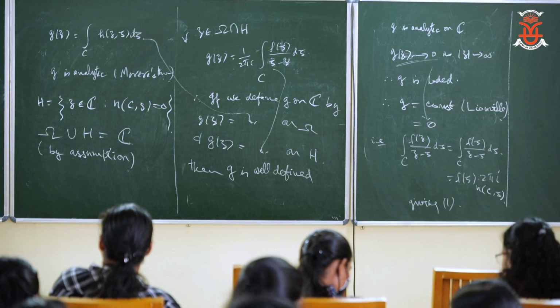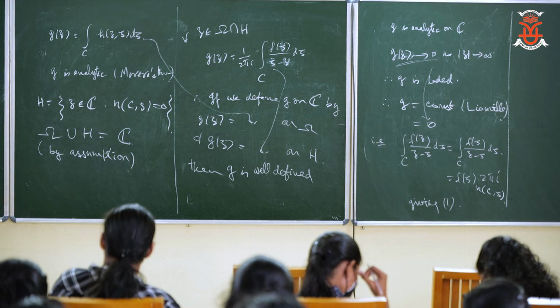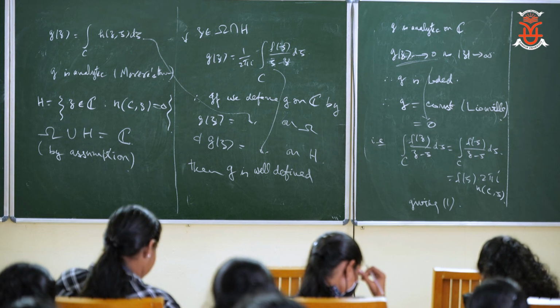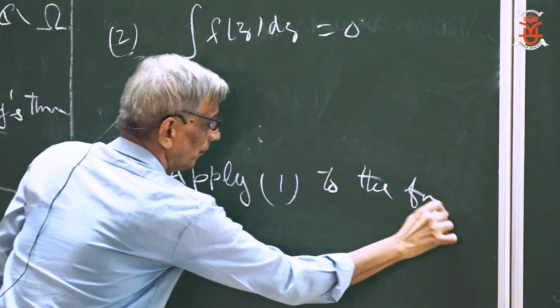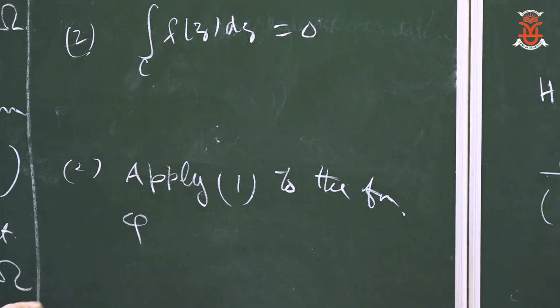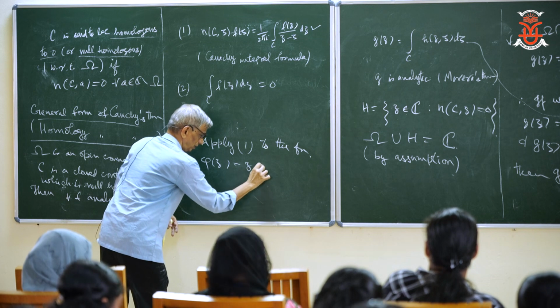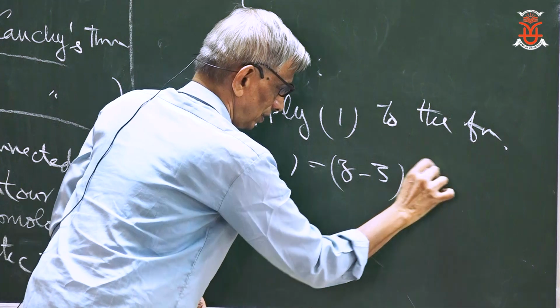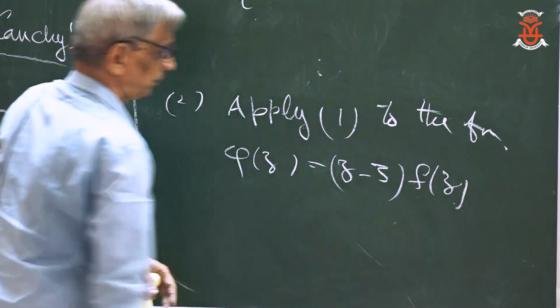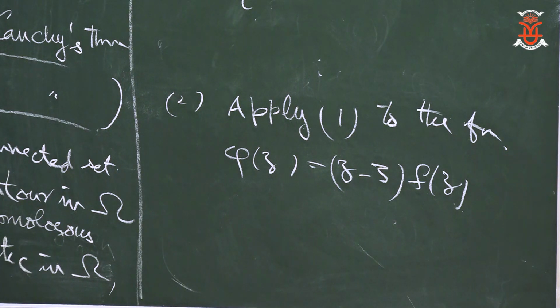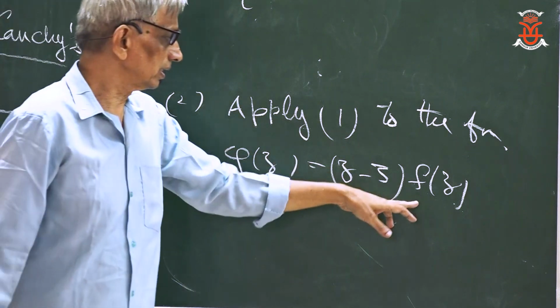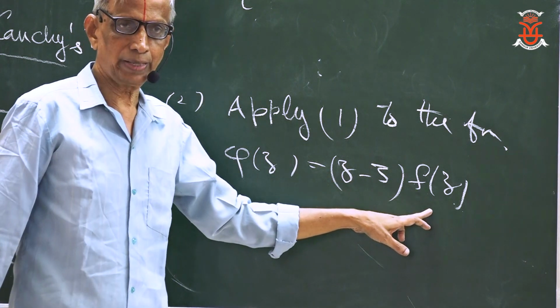Apply this to the function phi z, this is again an analytic function. In place of f, you take z minus zeta times f.